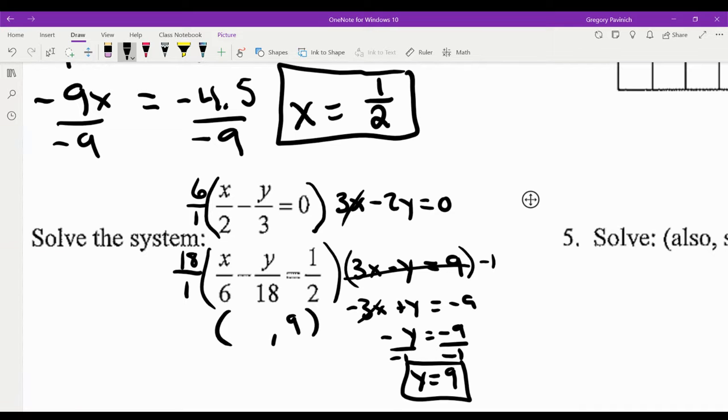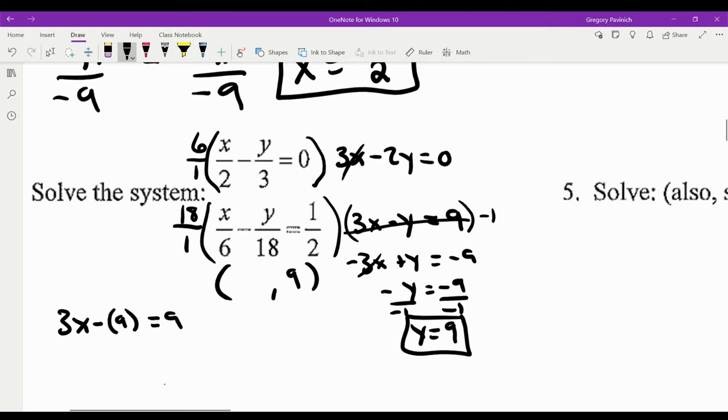So I'm going to pick one of the friendly equations. I'm going to pick the second one that I crossed out. So 3x minus, and then I'm going to plug in 9 is equal to 9. And then 3x is equal to 18. I'm going to add that 9 over, divide by 3, get x is equal to 6. So I have 6 comma 9 as my solution point.